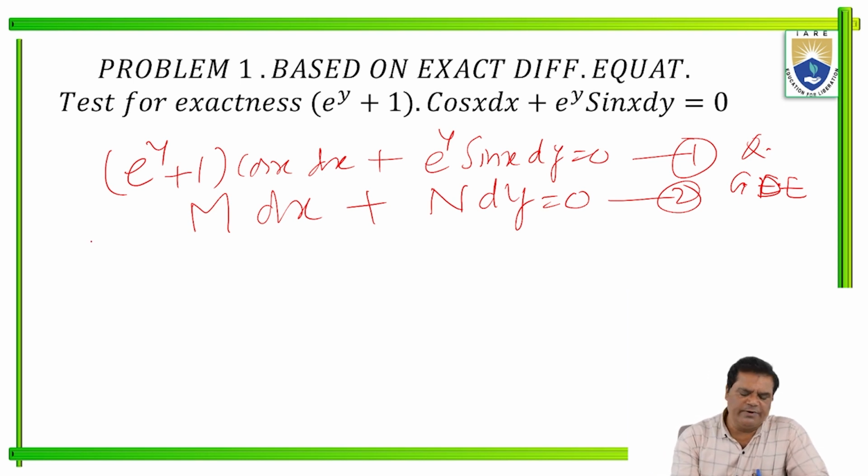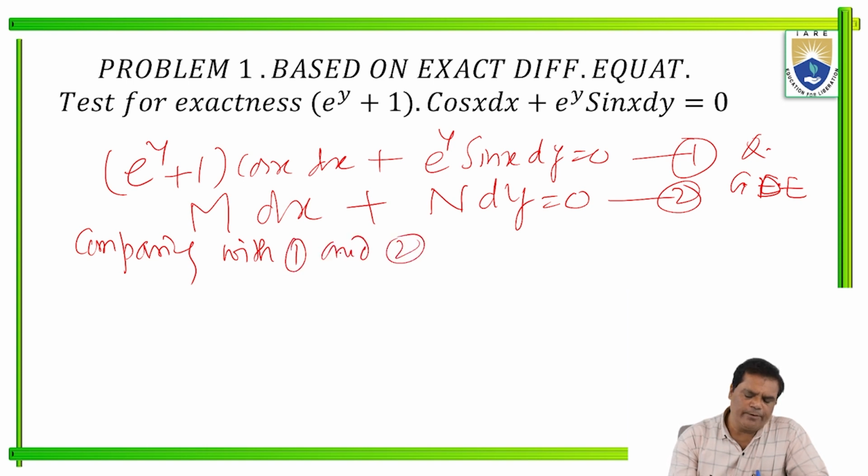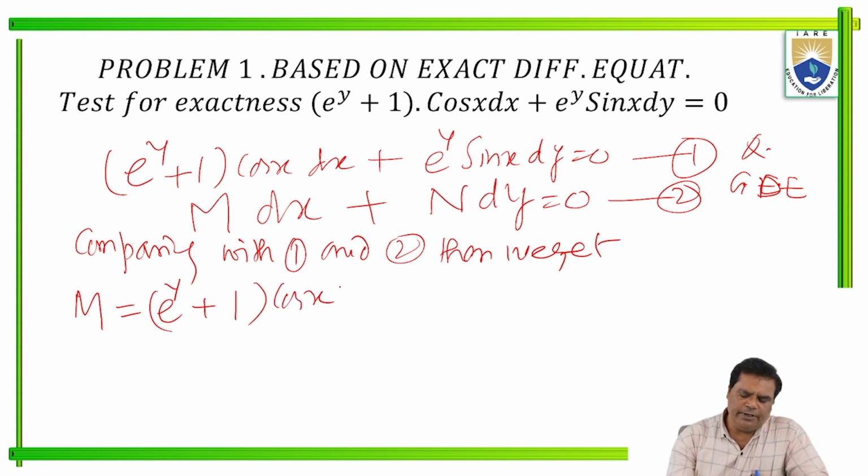Now comparing equations 1 and 2, we get M equal to e to the power y plus 1 into cos x, and N equal to e to the power y sin x.